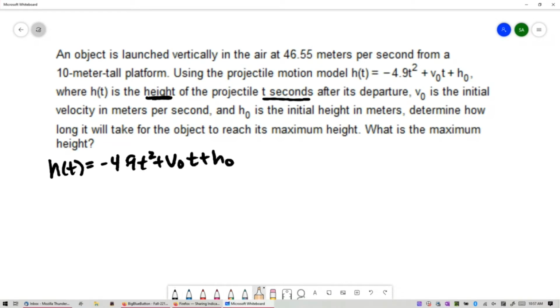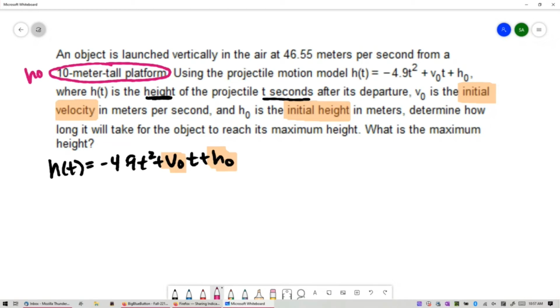So I want to fill in from the word problem the values of v naught and h naught. V naught is the initial velocity, and h naught is the initial height. So we're given here in the word problem that this object is launched from a 10-meter platform, so that's our h naught, the initial height.